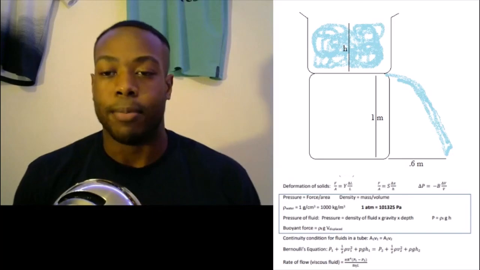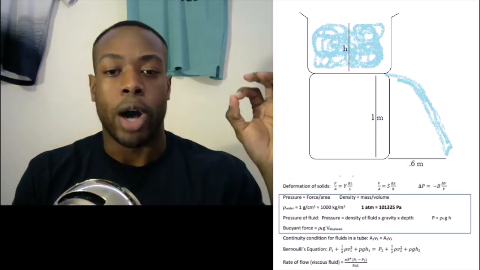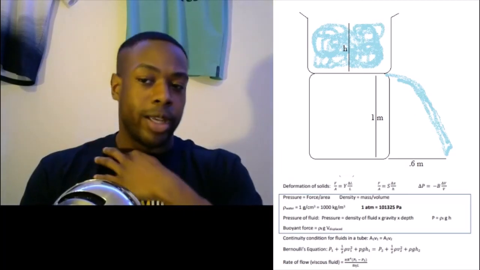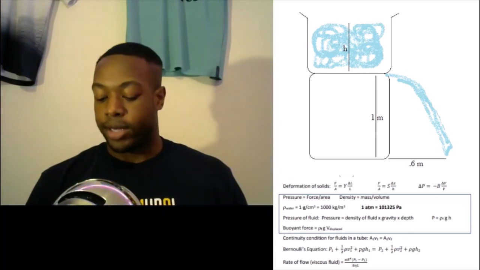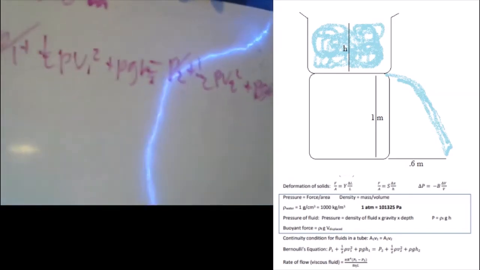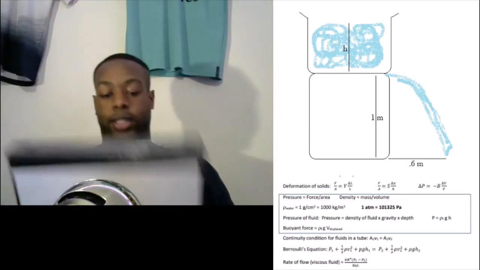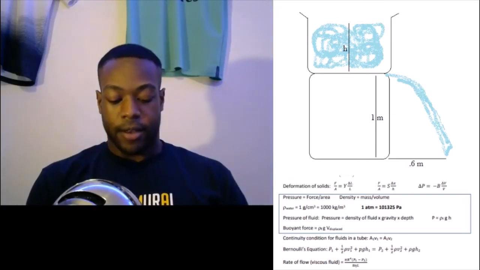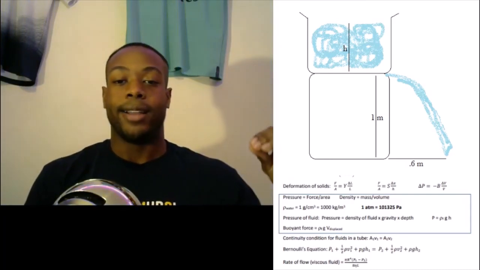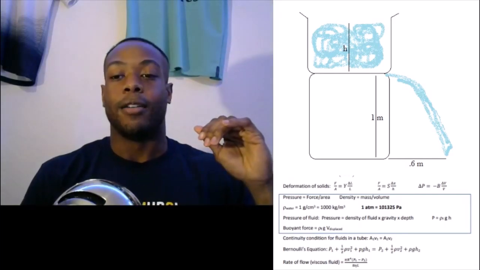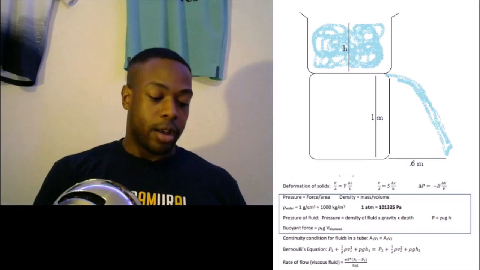I just crossed them out. We're going to set the point where the hole is, where water leaves, to be the 0 point. So we can cancel that out on the right side, a height of 0. And we can say that the velocity on the left side is going to be negligible because of the continuity condition.